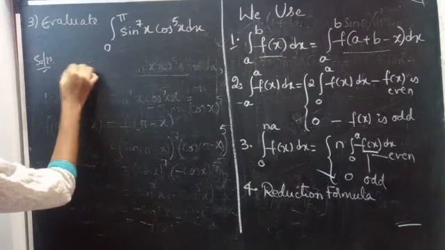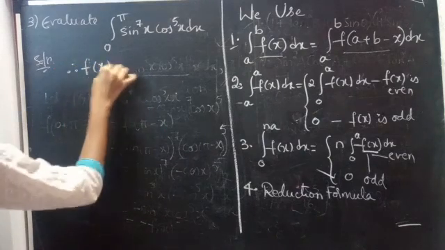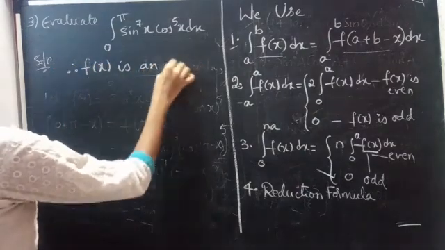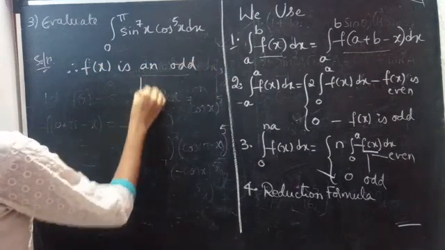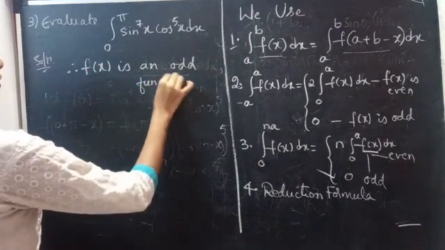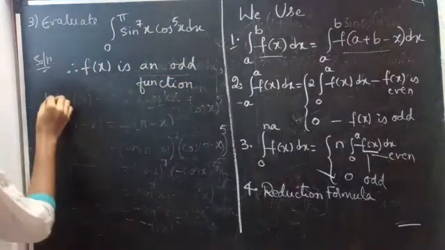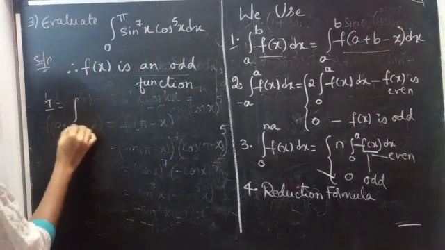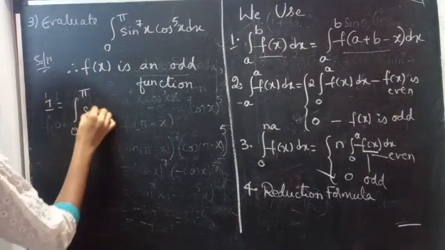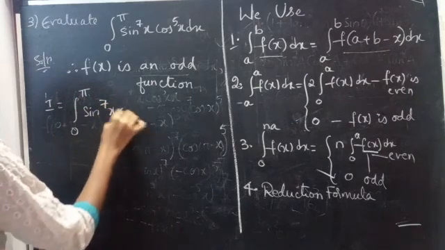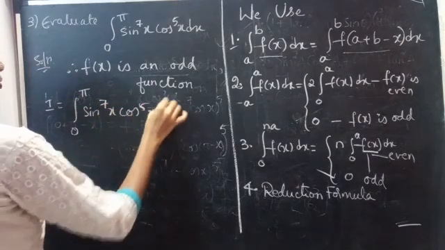Therefore, f of x is an odd function, and I equals the integral from 0 to pi of sine power 7x into cos power 5x dx.